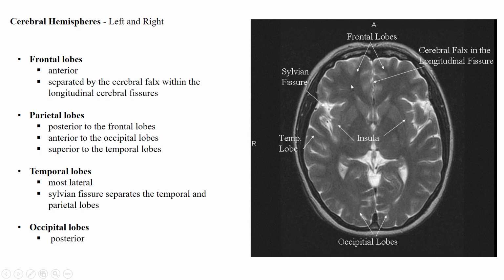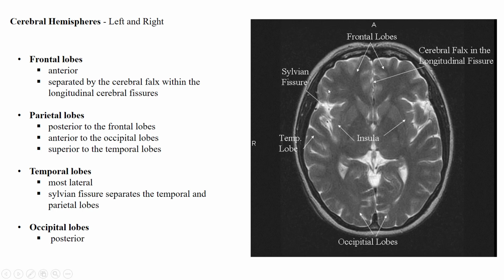Again, the two hemispheres of the brain should be symmetrical, and if they're not, you can take a look and see if there's something going on, what the abnormality might be. But that cerebral falx separates the frontal lobes, and then we have the temporal lobes here that are lateral. The parietal lobe would sit about here, but that again is superior to this slice. And then we have the occipital lobes as the most posterior lobe of the brain.